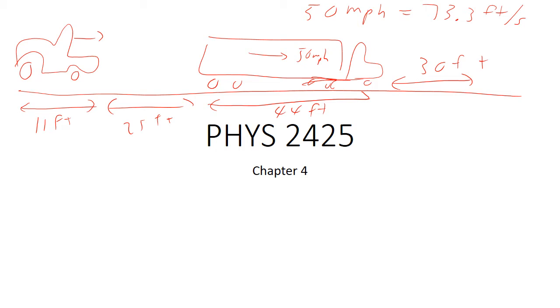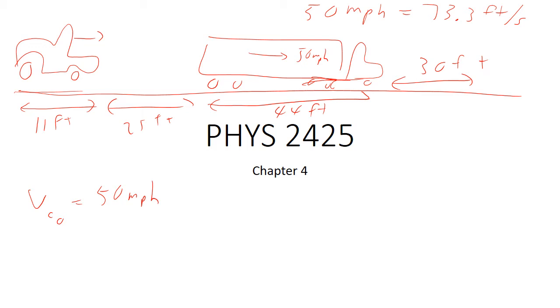We're now going to say that the car is driving behind the truck, waiting for a chance to pass. And so the velocity of the car initially is going to be equal to 50 miles per hour.